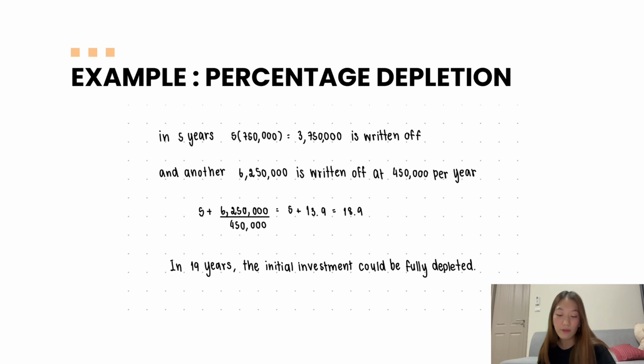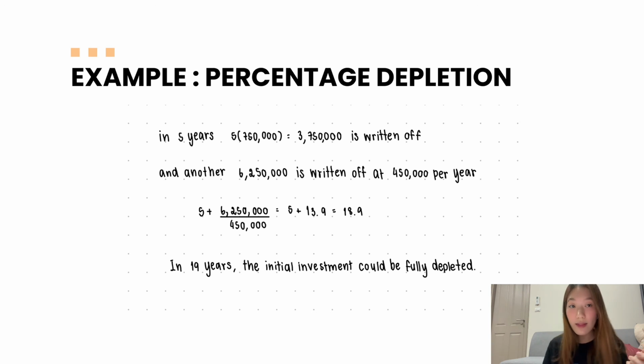So in 5 years we multiply 5 with this number, so the result is 375,000 is written off, and the remaining is 10 million minus 375,000, so you will get this number here, and this number is written off at 45,000 per year.